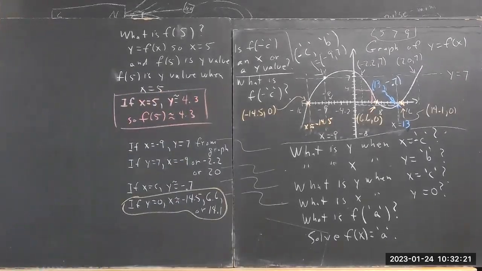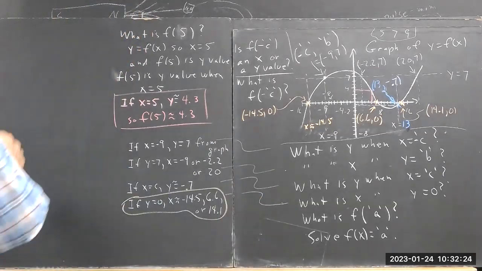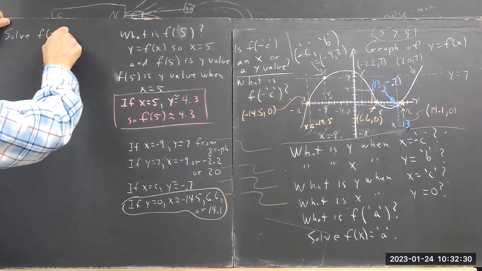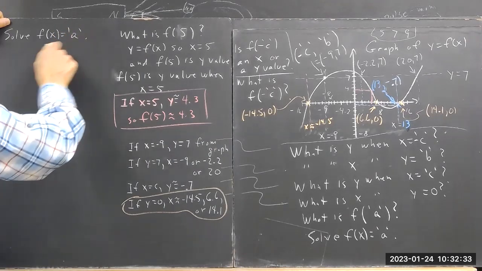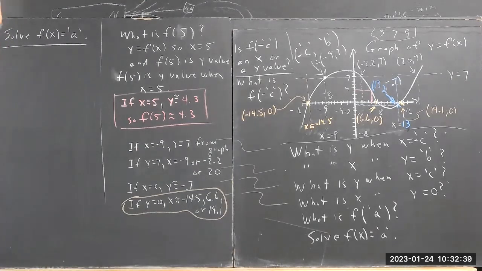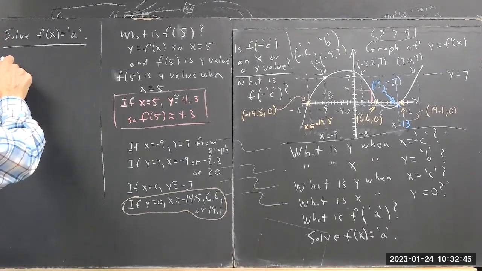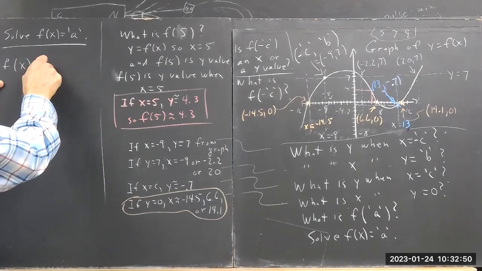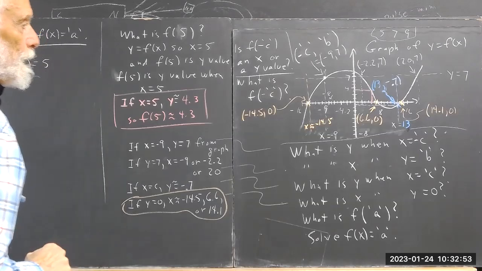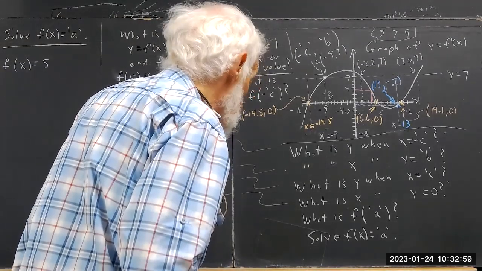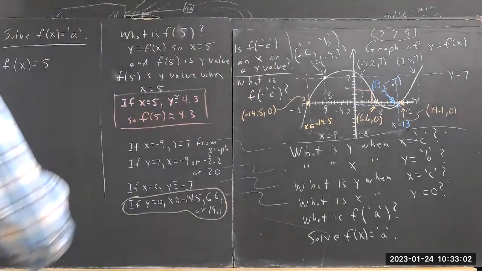Now, solve f of x equals a. In my case, that's f of x equals 5. Okay, I'm going to do this in different colors so we can see what it is in the graph.